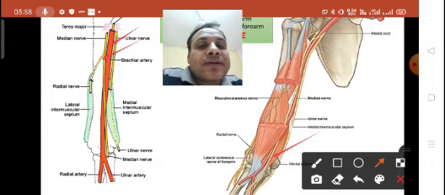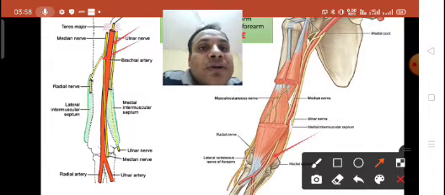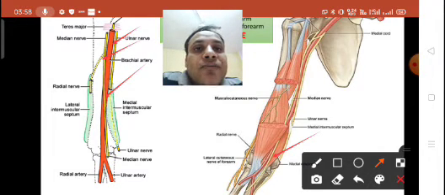This is the diagram of the front of the arm. The median nerve lies lateral to the upper part of the brachial artery. In the middle of the arm, the nerve crosses in front of the artery from lateral to medial side.